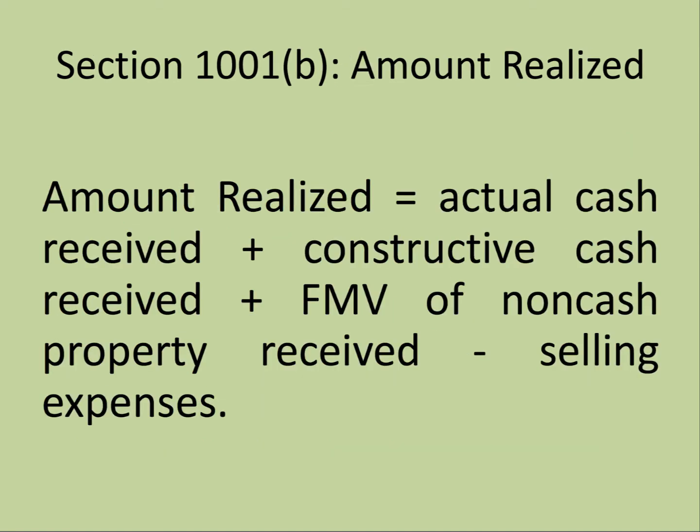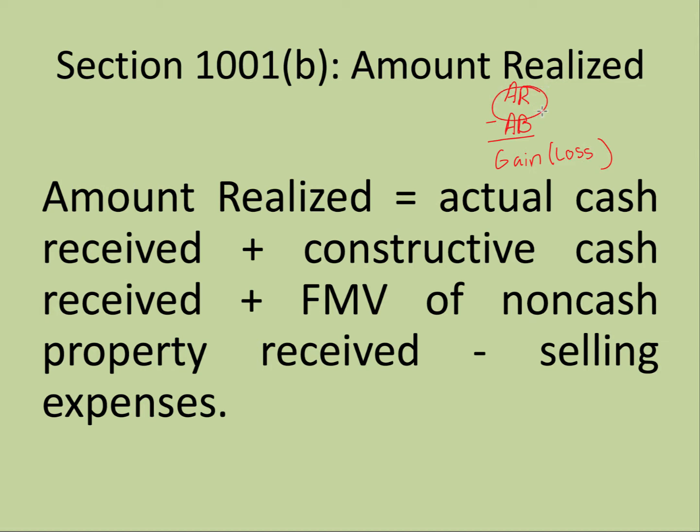So defining amount realized, which, remember, our formula that we saw on the previous slide is the amount realized, or AR, minus adjusted basis gives us our gain or loss. Now we're having to start in the formula by defining the amount realized.